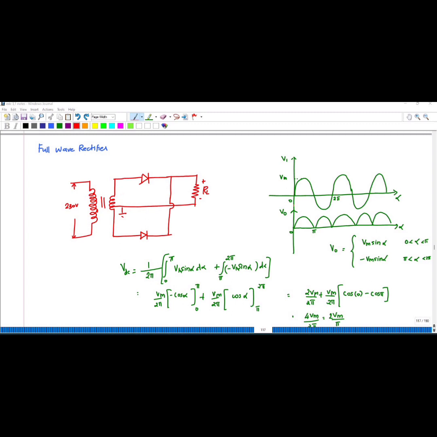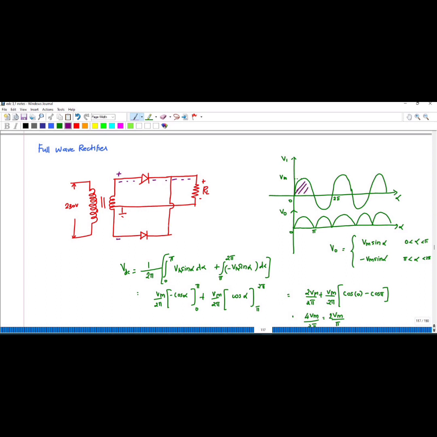Whenever the input signal comes like this, during the positive half cycle, this diode will conduct. This will be short circuit, because this is plus and this is minus during the positive half cycle.